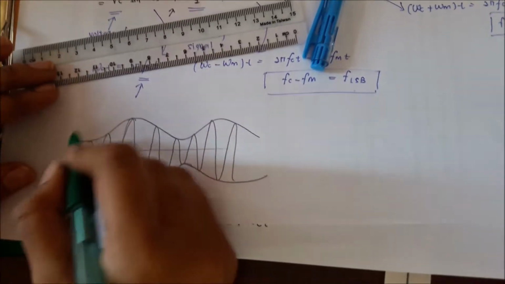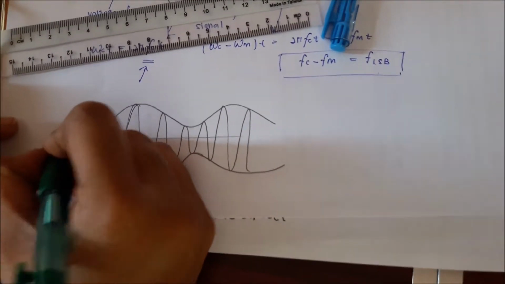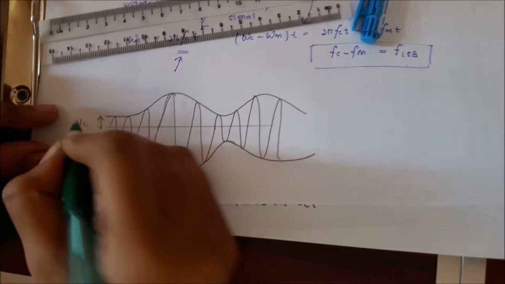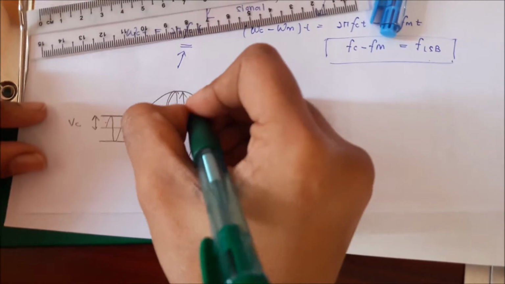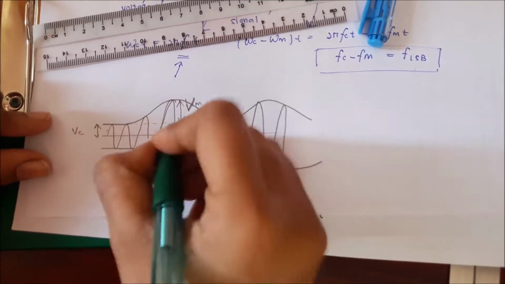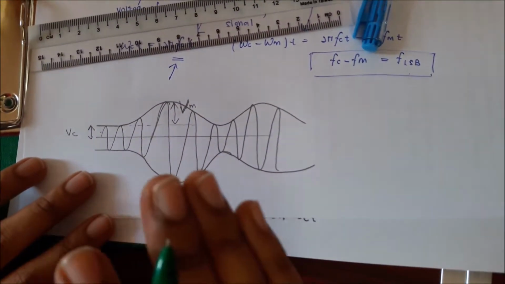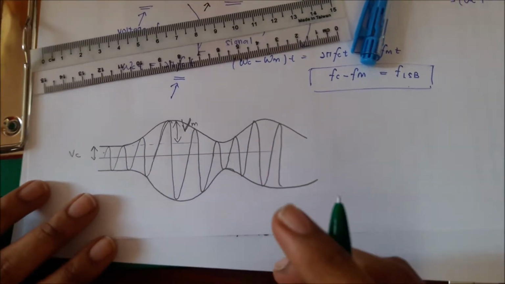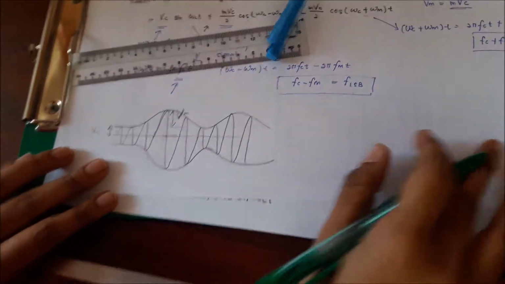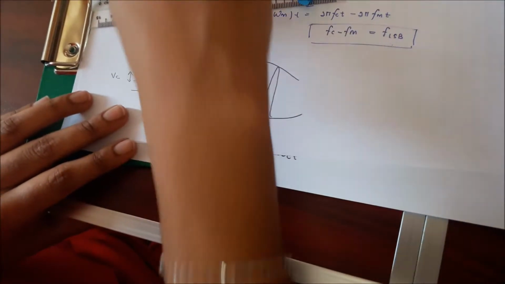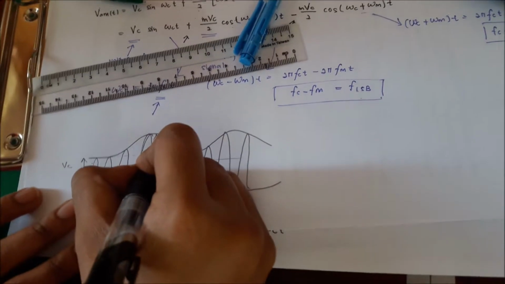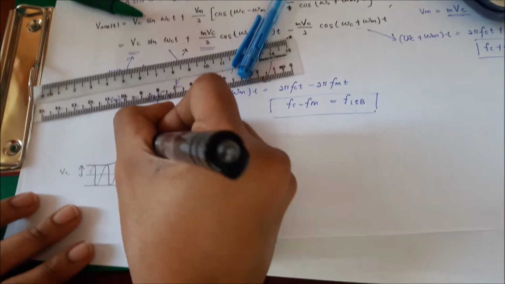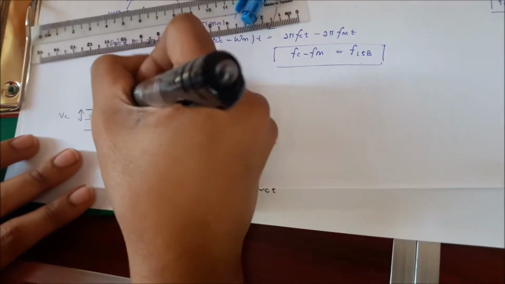If you take a close look here, this is your VC, as I mentioned earlier, and this part here would be your VM. How do I know what my maximum value is? The maximum value, from the zero reference, which is here, up till your maximum, is always my Vmax.